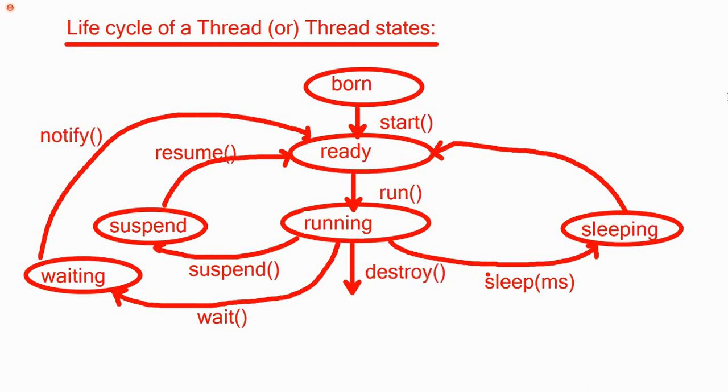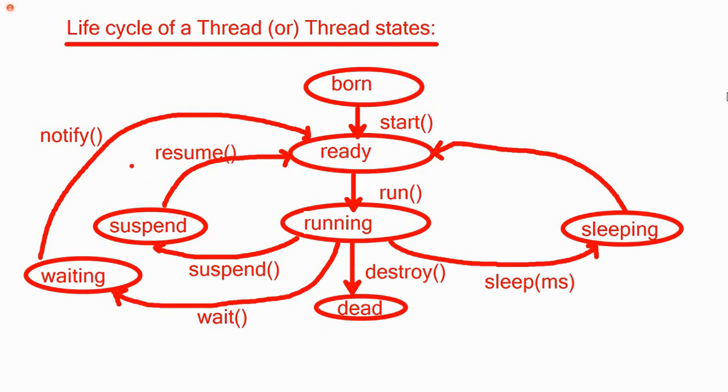Destroy. The thread will die. Then it is called the dead state. Once it is dead, it will not come back. But if it is sleeping, it will come back. Suspended, it will come back. Waiting, it will come back. Dead means it will not come back. From when the thread is born until it is dead, whatever happens in between is called the life cycle.